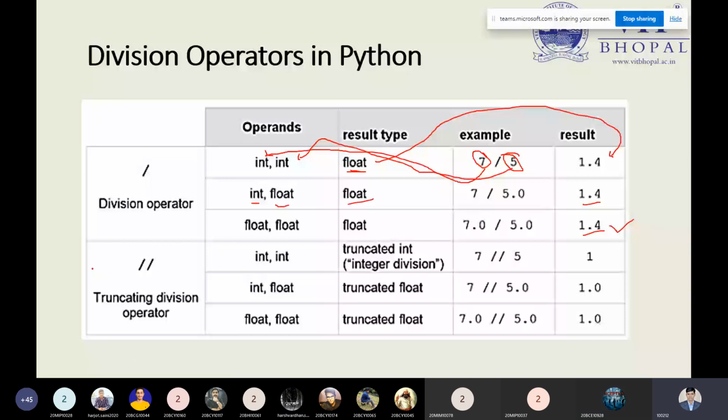So in the truncating division operator, if you have the first operand that is integer, then the truncated integer will be the result. Now see, integer division will be 7 and 5. So definitely we have the 1. Why are we not getting the 7 over here?